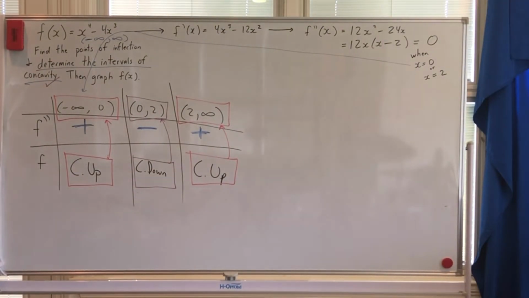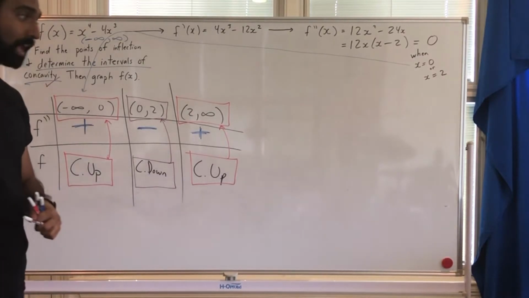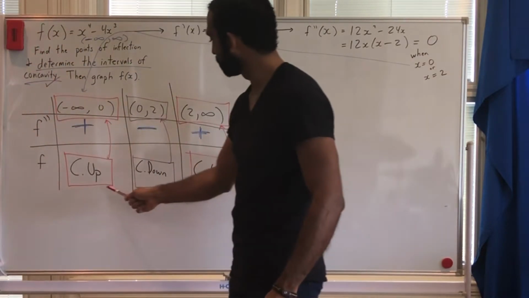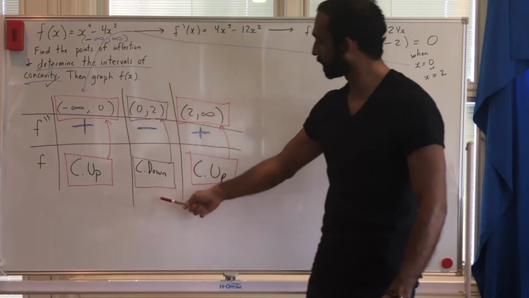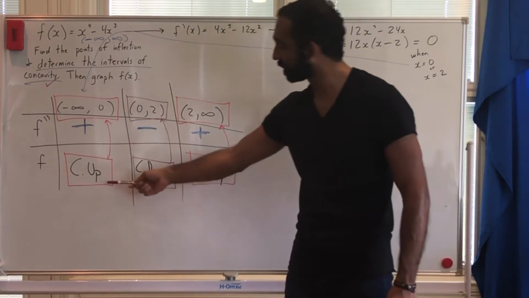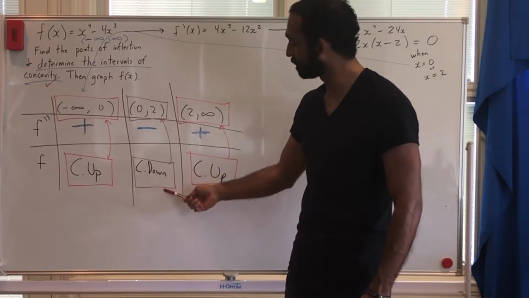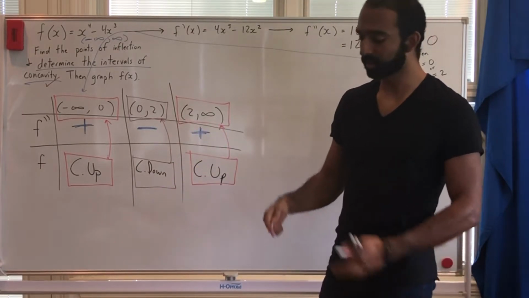Cool. So that means they're both inflection points, right? Why? Because you see a change in concavity. The key word there is a change in concavity. From concave up to concave down in the first case, and then concave down to concave up in the second case.